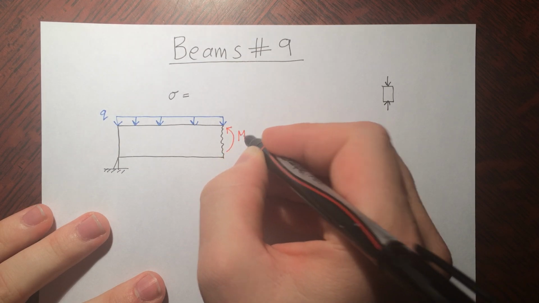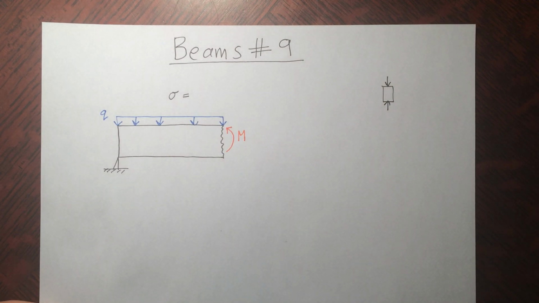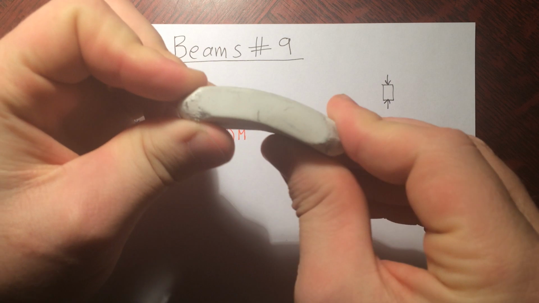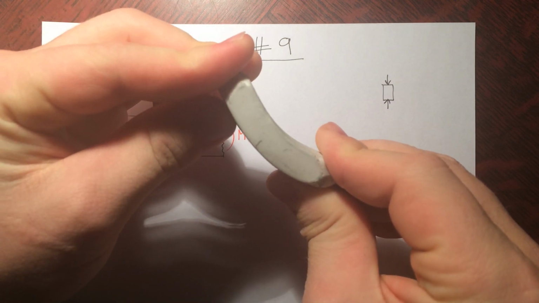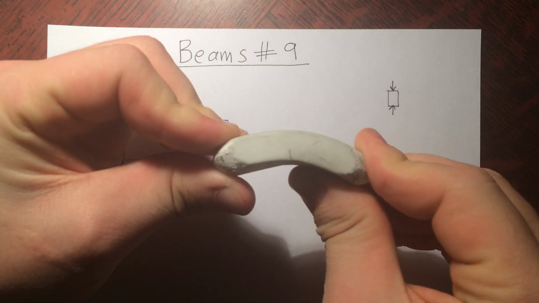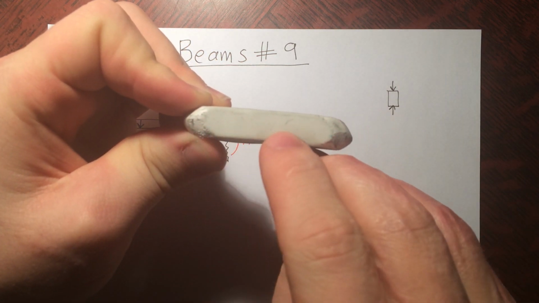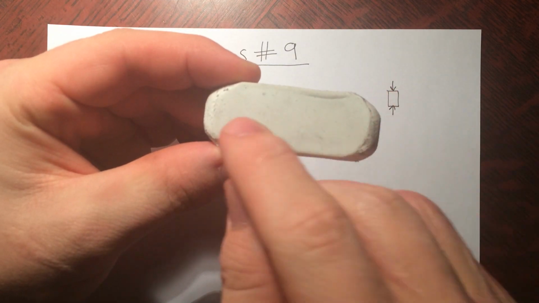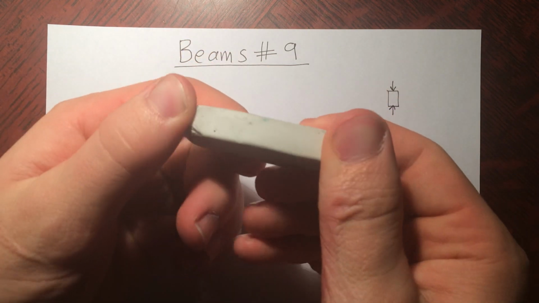Now there's another important concept that we need to consider here, because when I put some sort of load on this beam, there's a point or an axis in this beam where there's absolutely no stress. You can intuitively think that's just going to be the very center of this eraser. Or if I flip the eraser, it's still going to be the center. Doesn't matter which way I stress it.